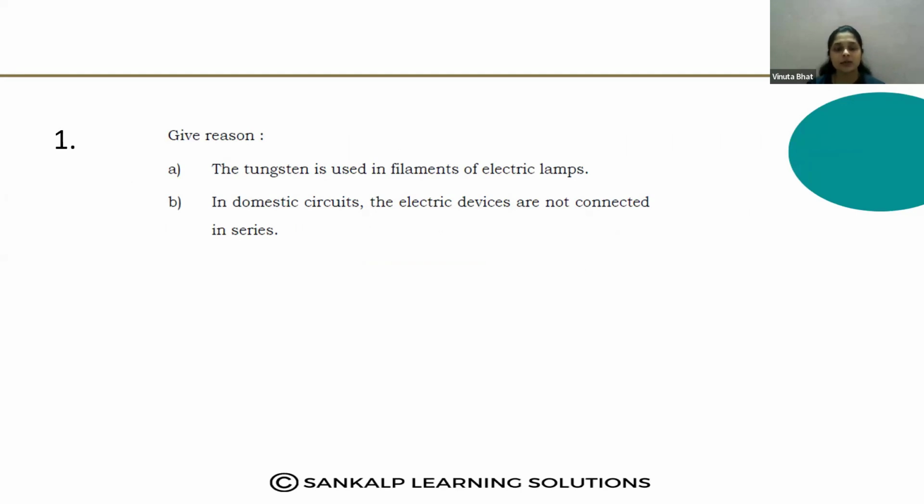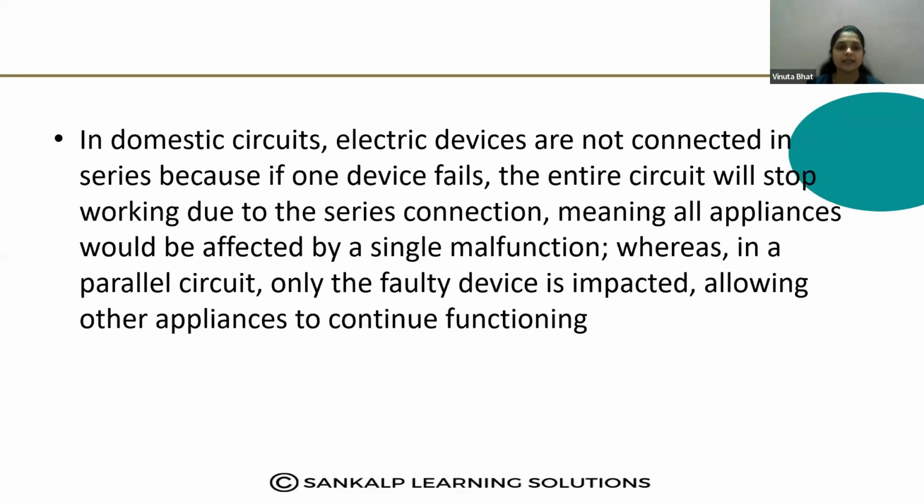Second question, in domestic circuits, the electric devices are not connected in series. Why are they not connected in series? Because if one device fails, the entire circuit will stop working due to the series connection, meaning all appliances would be affected by a single malfunction.